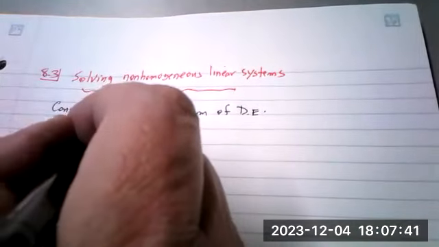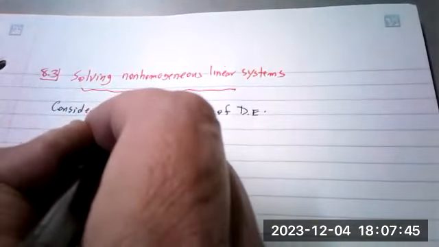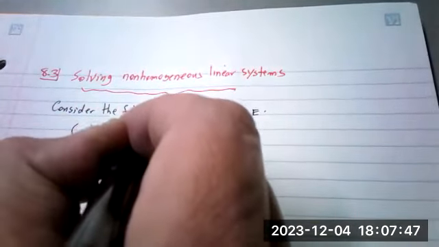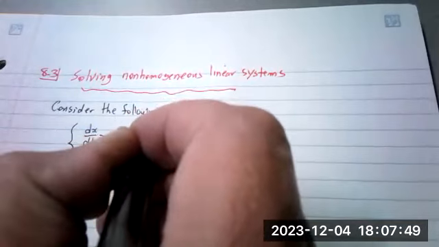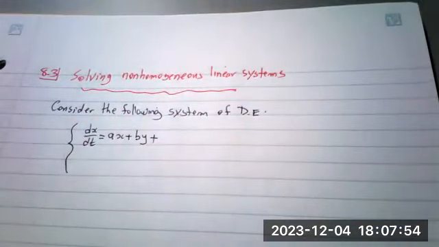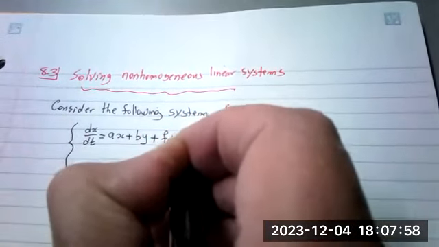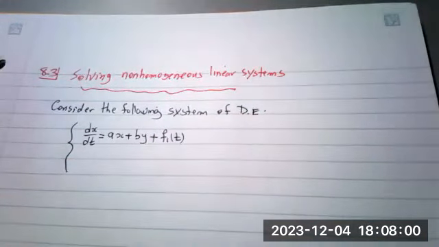So this is going to be dx/dt as usual, and it's ax plus by. But there is going to be something extra here, and that something extra is a function of t. We call it f1 of t, just a real-valued function of t.